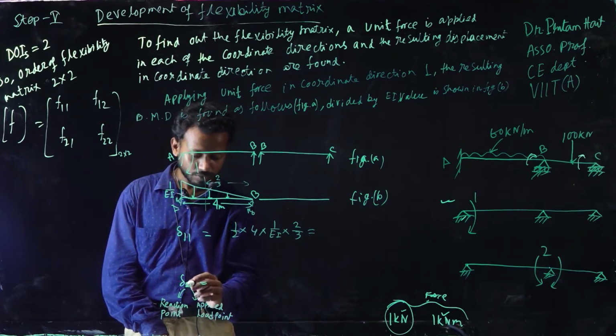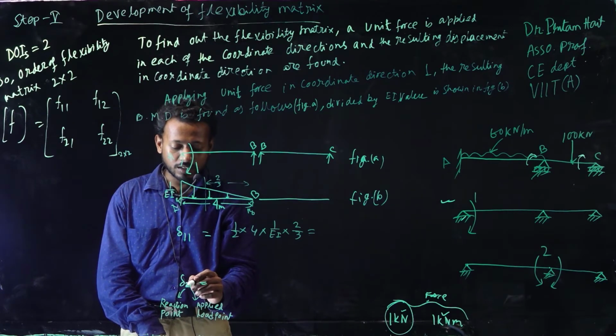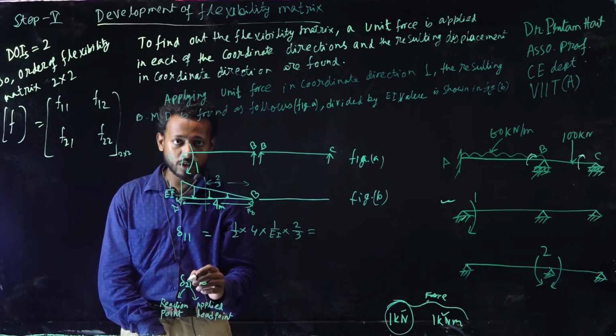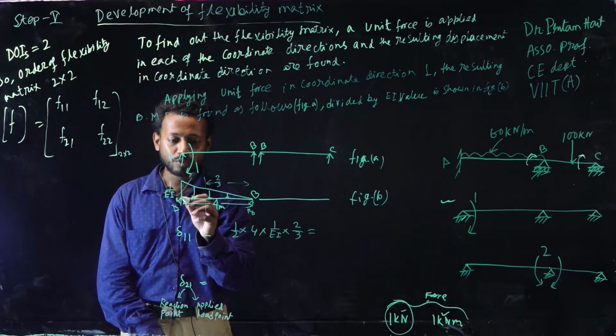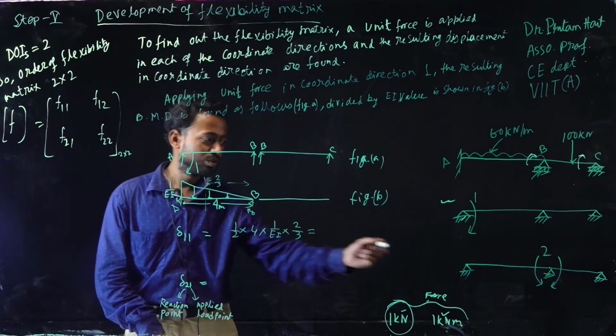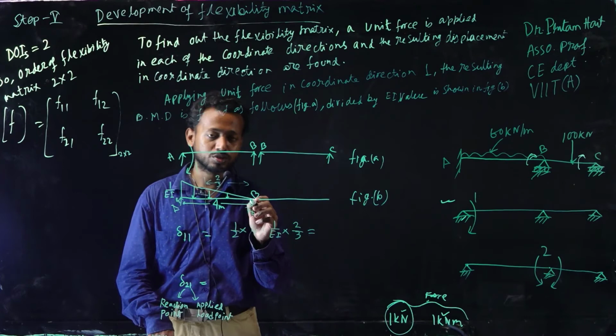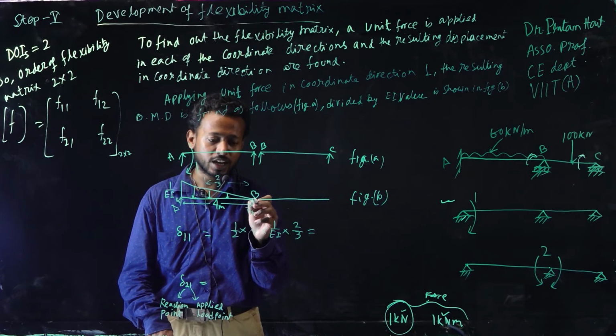Next, delta 21 means the deformation or reaction at point 2 due to applied unit load at point 1. So I have applied unit force at coordinate direction 1 and I will calculate the reaction at point 2. This is point 2, so this is also point 2. So what will be the reaction at point 2?